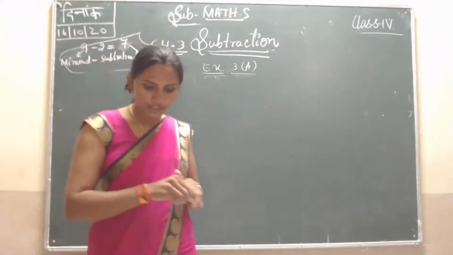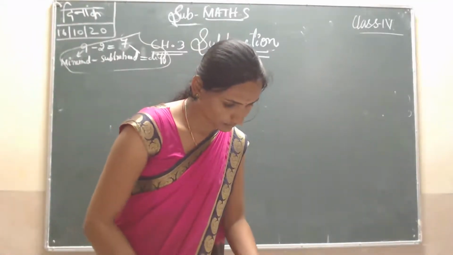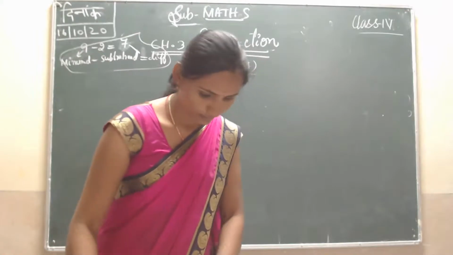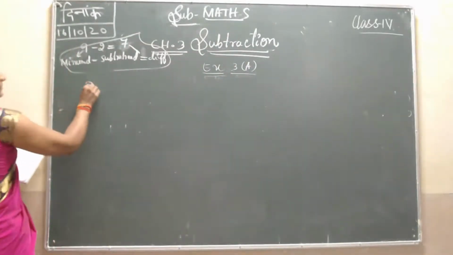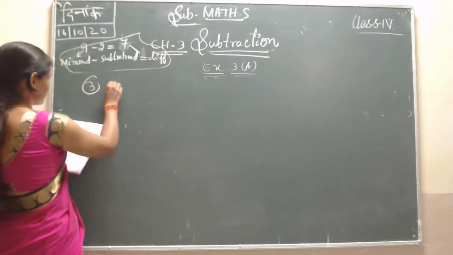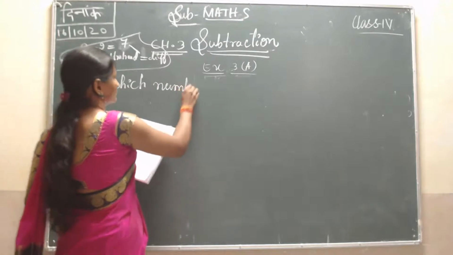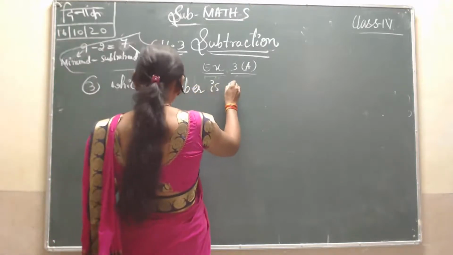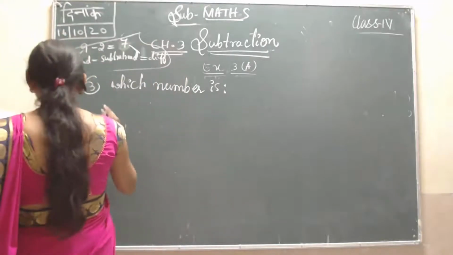Next, in the third main, what is the third main? Which number is dash? So that means A1 question.